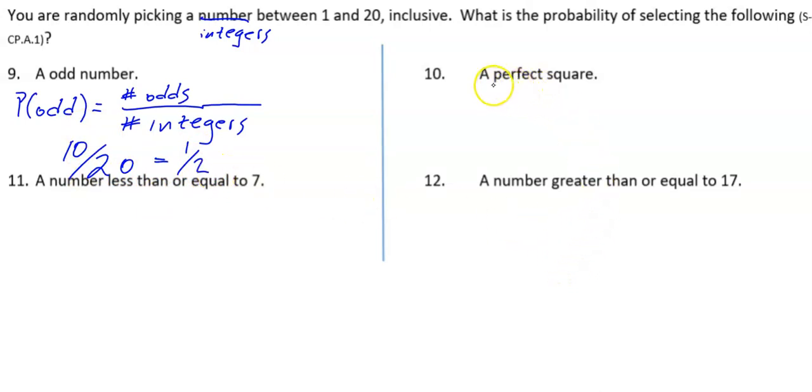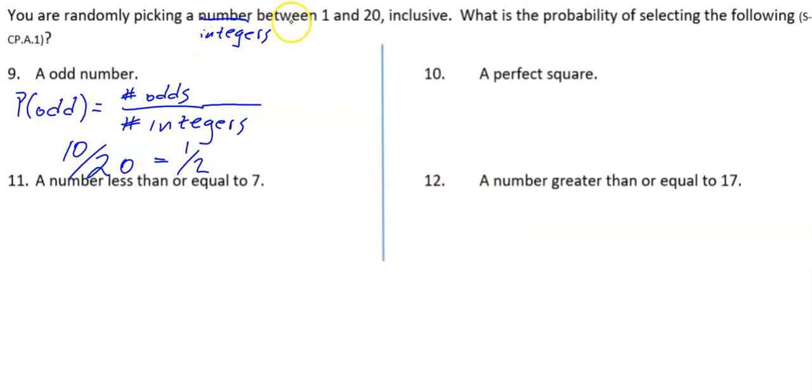Now, it might help you to list these out. So pay attention to what it wants. I helped you with an easier one. I'm going to leave 10 for you. I'm going to leave 11 for you. I'll help you with 12: a number greater than or equal to 17.